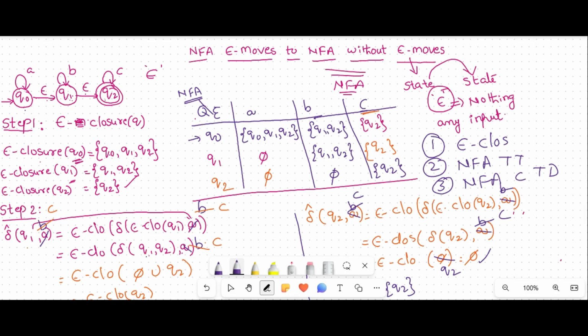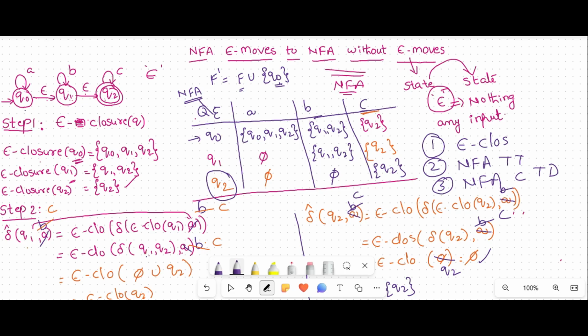Now, the new point is which state we have to consider as the final state. Already Q2 is the final state, so in the NFA without epsilon moves also, Q2 will be a final state. Including this Q2, F dash is the new set of final states: the existing final states union Q naught, if epsilon closure of Q naught contains a final state.